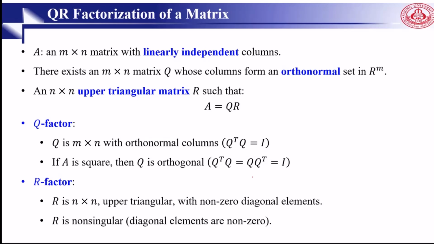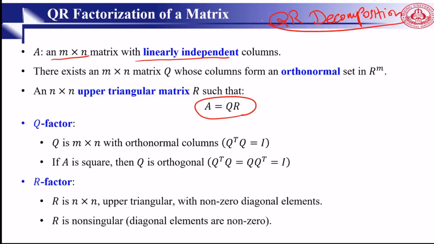In general, if you have an m by n matrix and the columns are linearly independent, then we can factorize or decompose it. We call it QR decomposition. Here, we try to split our matrix into two matrices. One is called the Q matrix, and the other is called the R matrix. The first matrix Q is orthonormal, meaning its columns are orthonormal, and the second matrix R is an upper triangular matrix.